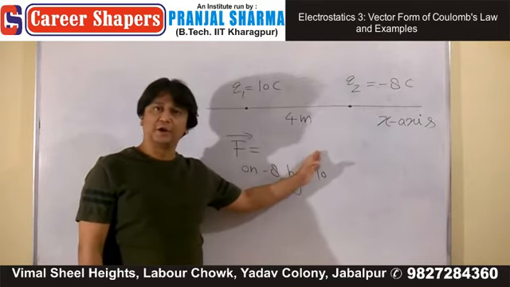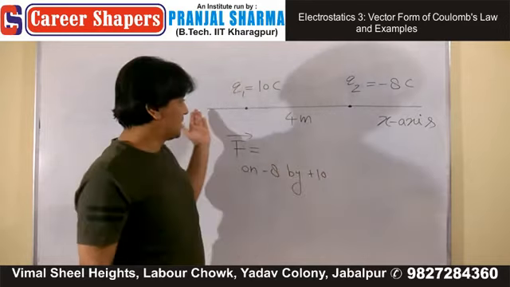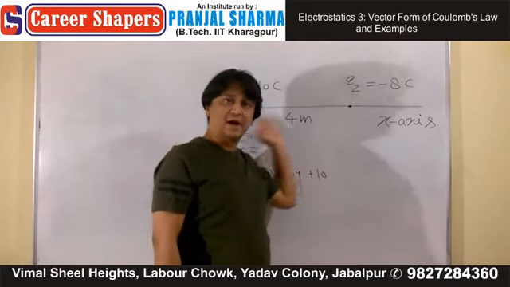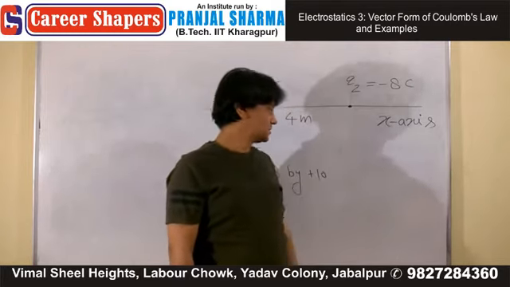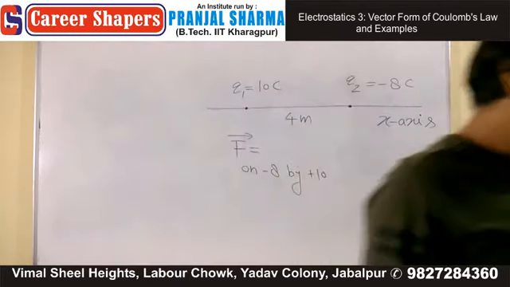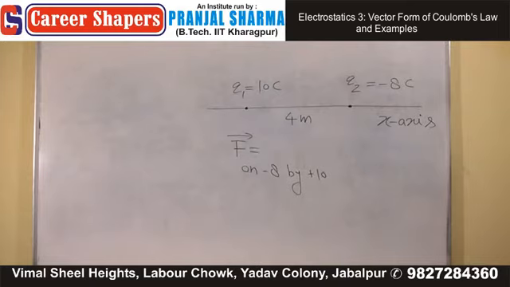Write down the magnitude and direction. Remember, for simplicity, I have given you this line as an x-axis. You've got 1 minute's time. Let's see how many of you can answer it. Force on Q2 coming from Q1 in vector form.